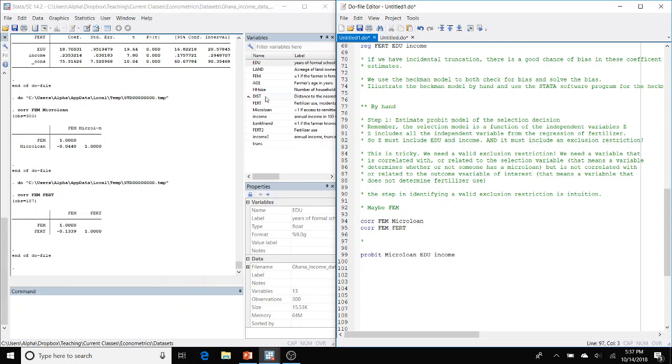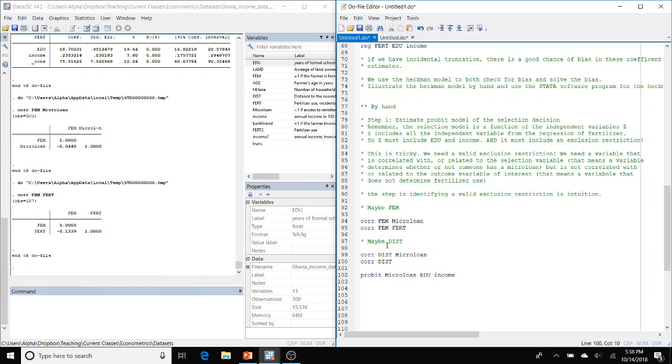Now, you also might argue that if you live farther away from the market, you will be less likely to know the benefits of fertilizer and you might use less. Okay, but let's just look at it. Maybe distance. Now you can tell from this process that picking an exclusion restriction can be difficult, and I hope that you're seeing that from this demonstration here.